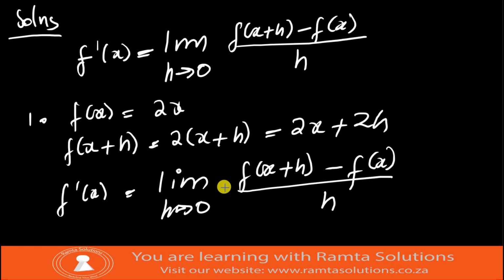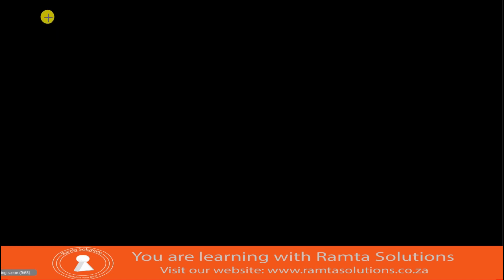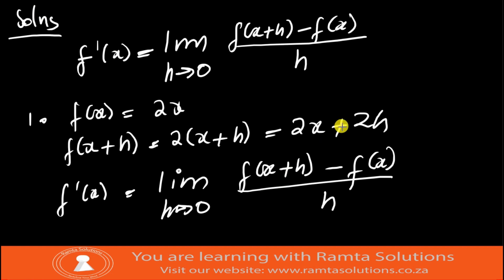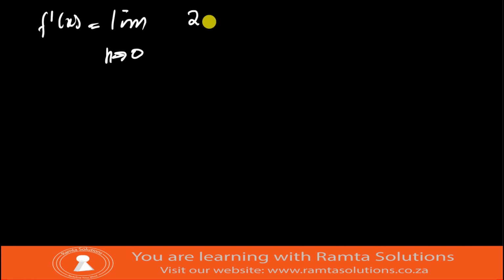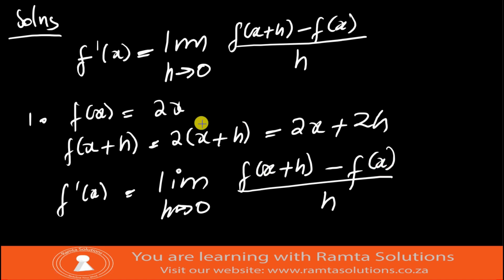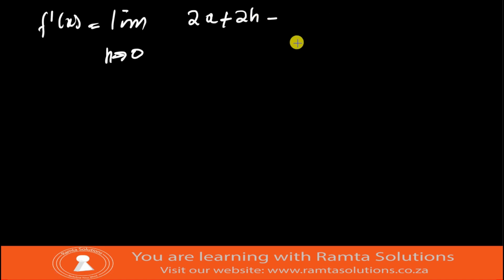Now let's continue. f prime x is equal to the limit as h tends to 0. What was f of x plus h? It was 2x plus 2h, minus, what was f of x? It was 2x, all over h.